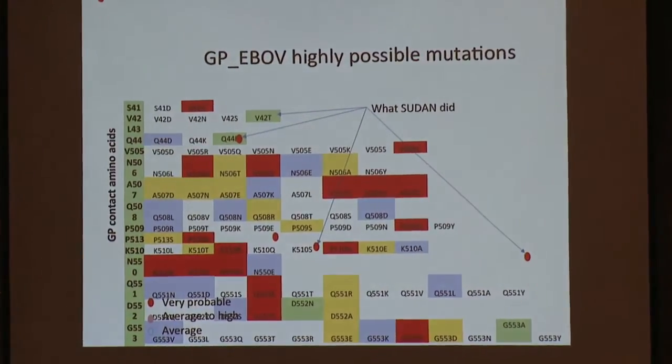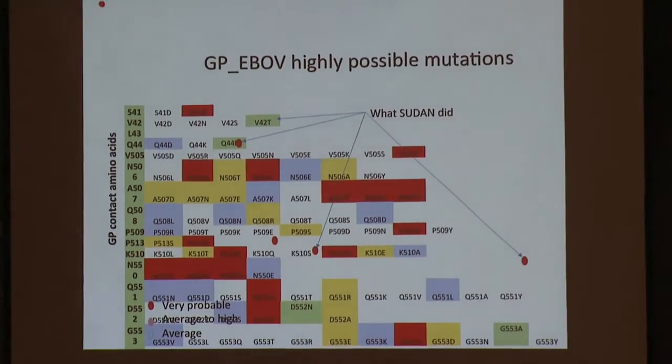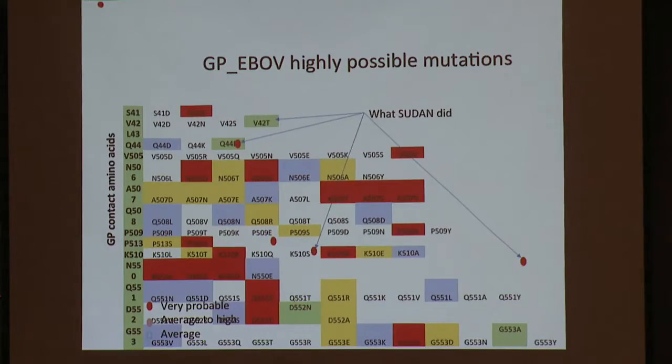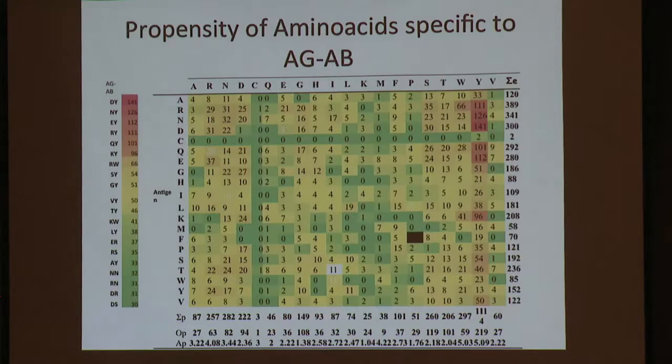This gives us a little confidence in our ability to project possible future directions. I'm going to skip through a couple of things here. This is more on the propensity of amino acids to be next to each other at the interface.